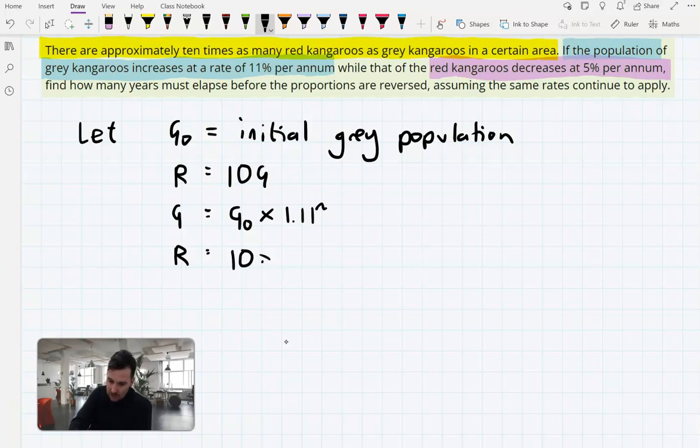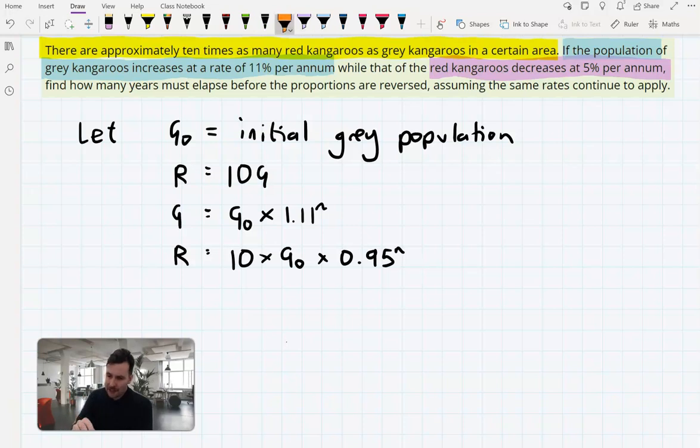So 10 times G0. That's what we're starting with, but it's now going to decrease at a rate of 5% per annum. So now we think, if it's decreasing, we need a value for a that's less than 1. So let's multiply that by 0.95, aka 100% take away 5%. If we multiply something by 0.95, we'll be finding 95% of it. And we'll raise that to the power n.